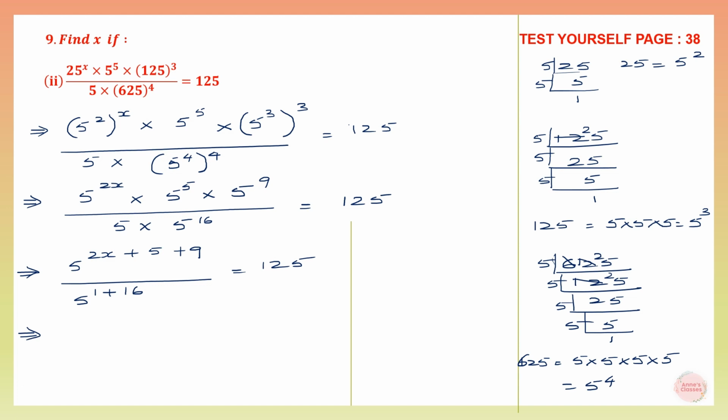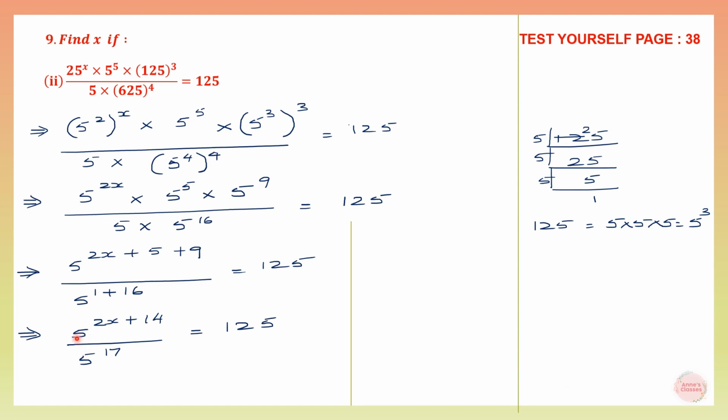So now let's continue. 5 raised to the power of, now 2x plus 5 plus 9. 2x cannot be added with 5 and 9. So this will be 2x plus 5 plus 9. 5 plus 9 is 14. And in the denominator we have 5 raised to the power of 17. So all this is equal to 125.